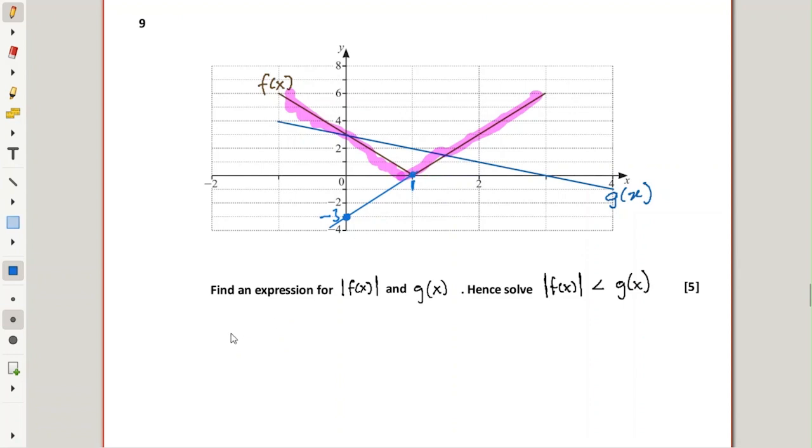So here I can see that the y-intercept, that's the value of c, is -3. I'm going to use this equation y is equal to mx plus c.